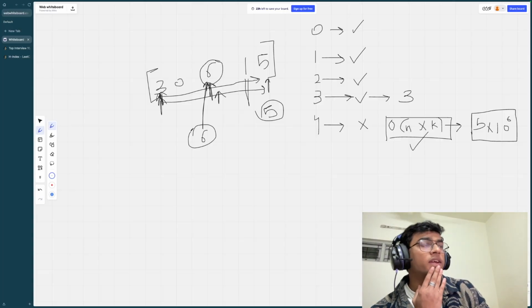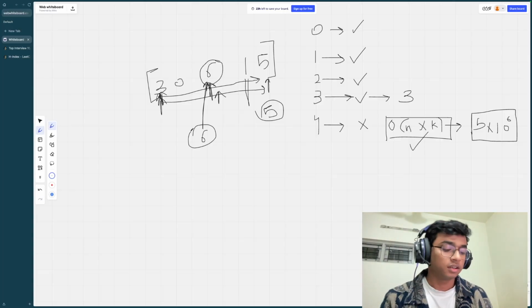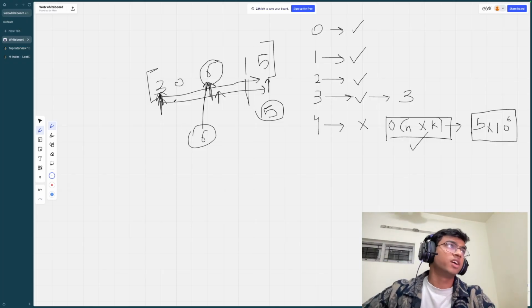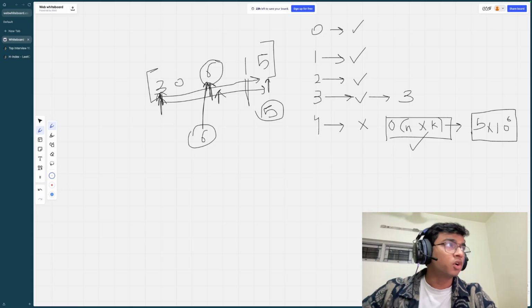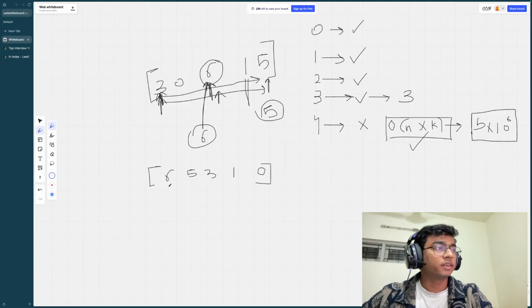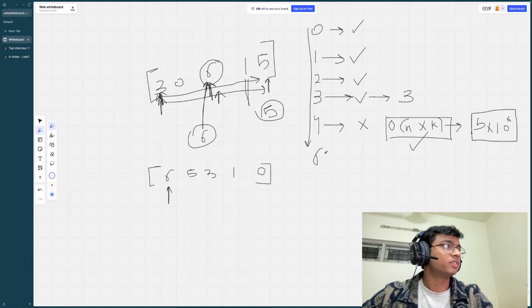One way to think about it is that we start the iterations from the maximum citation count. If we sort this array in descending order, we have 6, 5, 3, 1, 0. Now we know that this value will satisfy all of the constraints up to 6, so all of these values get increased by this research paper.